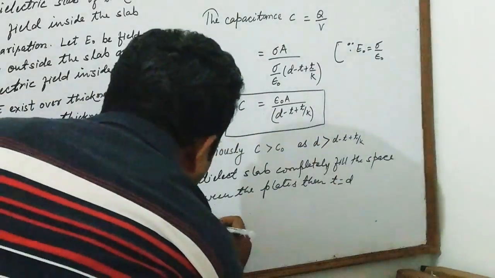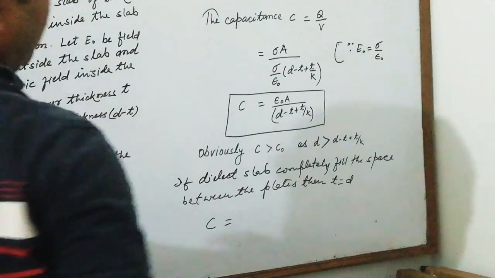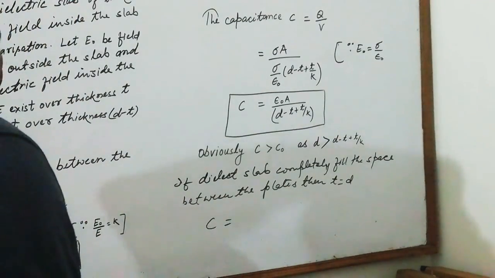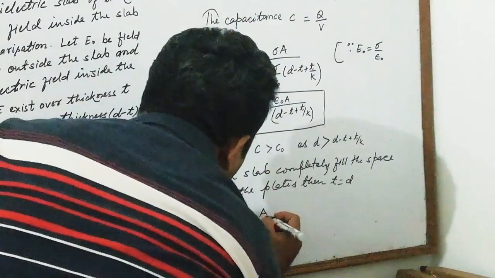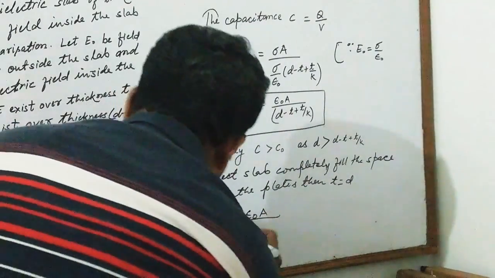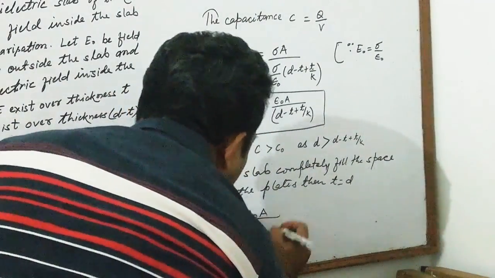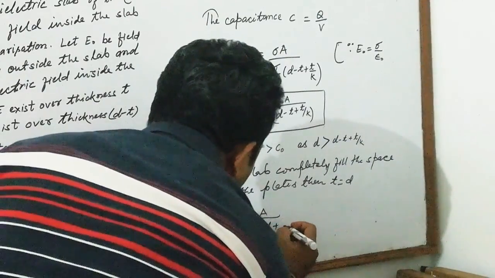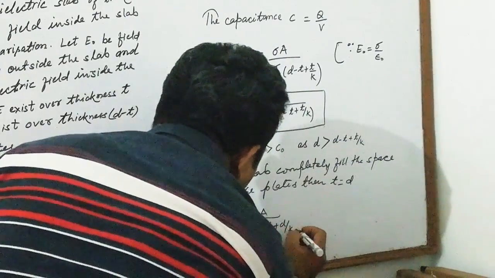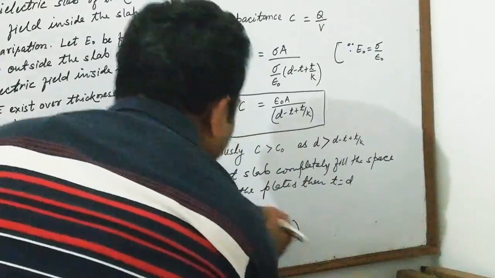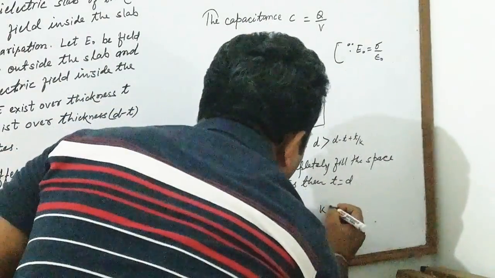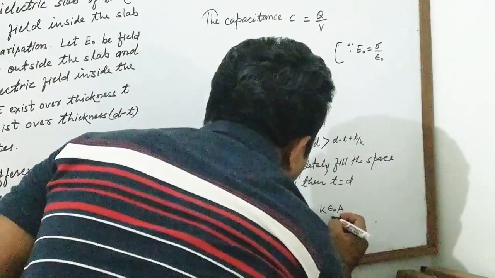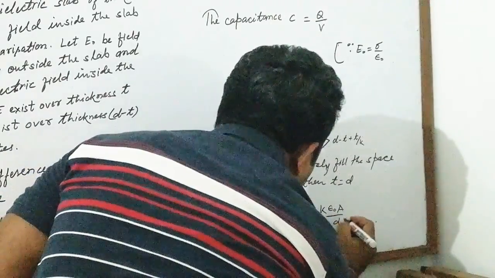So what will be the capacitance C? We have to put t equal to d in the equation. Putting t equal to d, epsilon naught A over d minus t is equal to t, and plus d by K. So d minus d will be 0, and this will be K epsilon naught A by d.